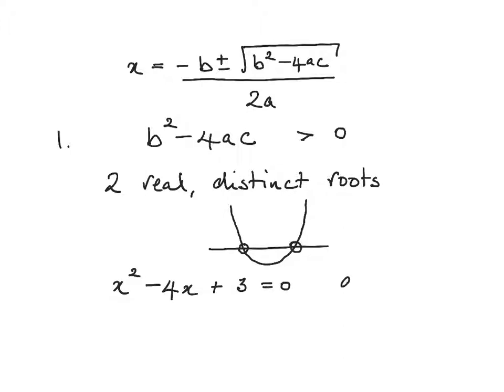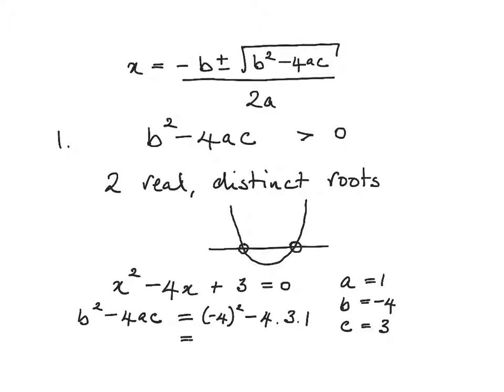Well, we know that a equals 1, b equals minus 4, and c equals 3. b squared minus 4ac is minus 4 squared minus 4 times 3 times 1. So that's 16, take away 12, which is 4. And since 4 is greater than 0, this quadratic here, should we choose to draw it, has two real distinct roots.